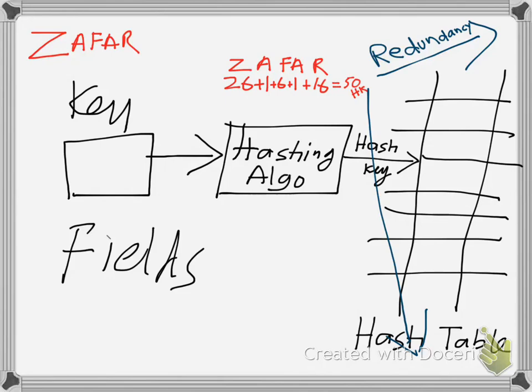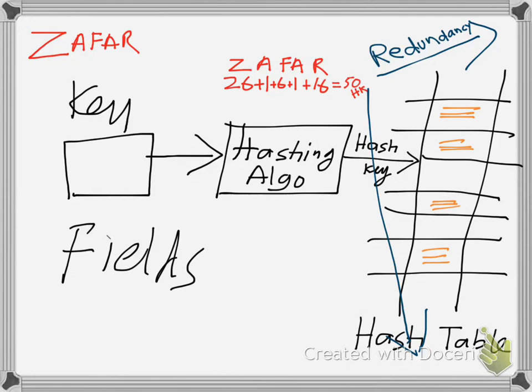Now there is one more thing before we go any further to the questions. Sometimes your hash key points to a location which already has some record entered. Suppose in the hash table here there is a record, here there is a record, here there is a record, and here we have one record.